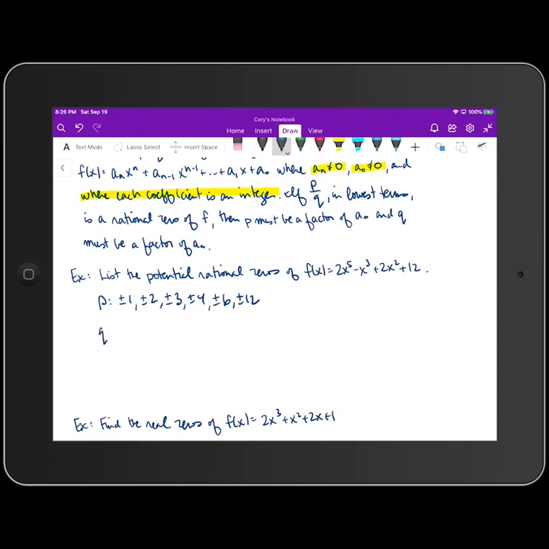And then our Q values are factors of the leading coefficient. So the leading coefficient here is 2. The factors of 2 are plus or minus 1 and plus or minus 2.